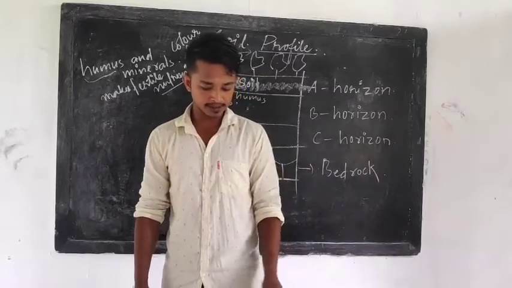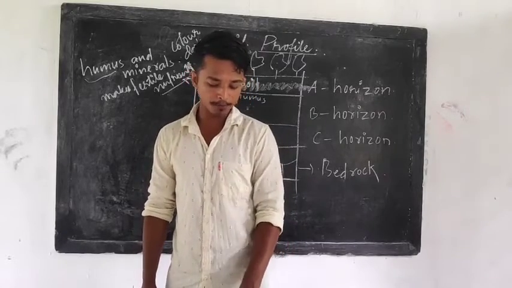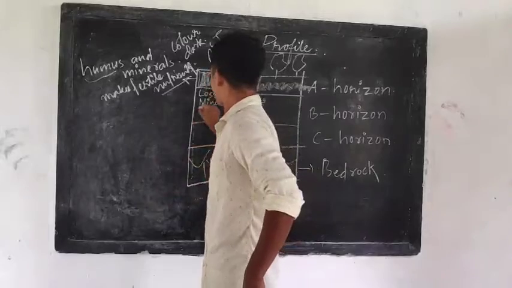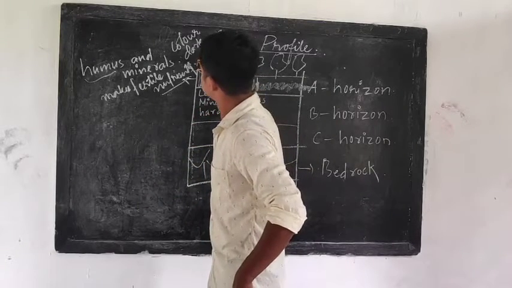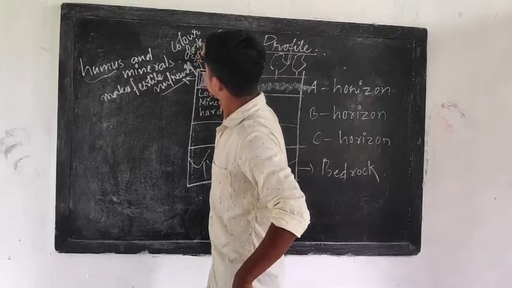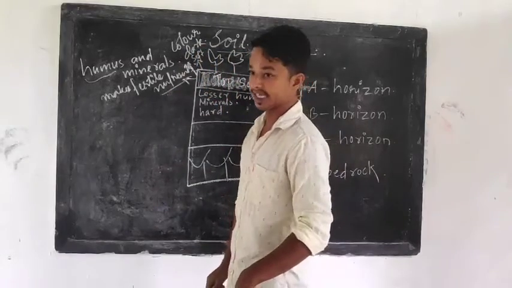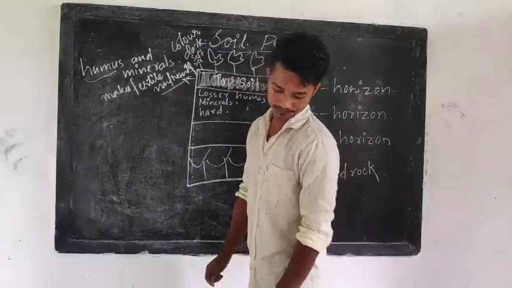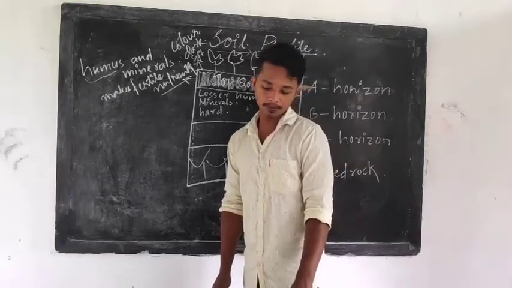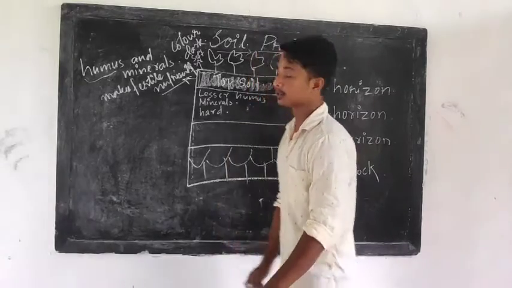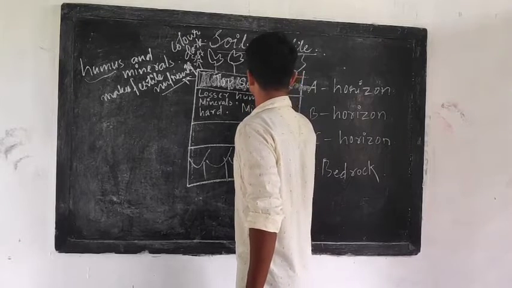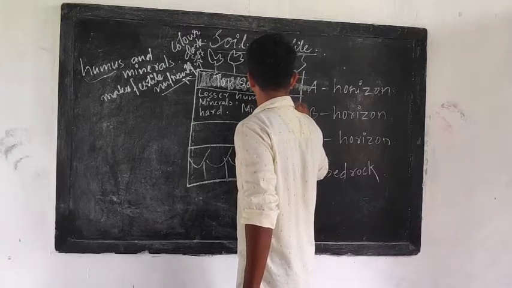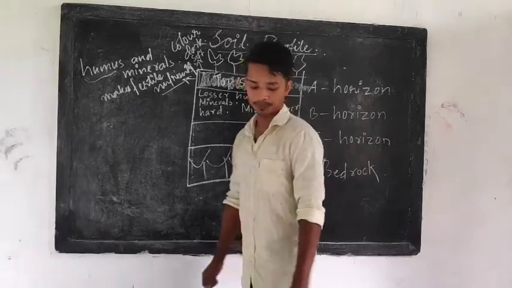This layer is generally hard and more compact. And so it is called the B horizon, or we can also call it the middle layer. Is it clear?